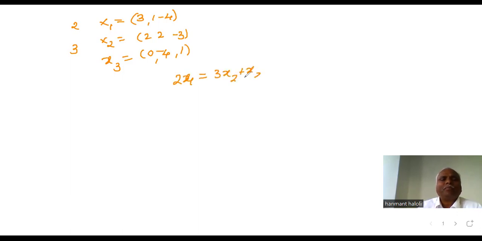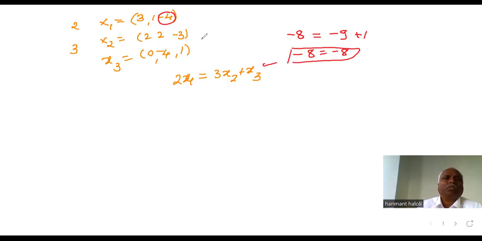Check the last component: minus 2 into this you get minus 8, 3 times 3 is 9, minus 9, and here 1 plus 1. So adding this, minus 8 equal to minus 8. Hence this relation satisfies both components.